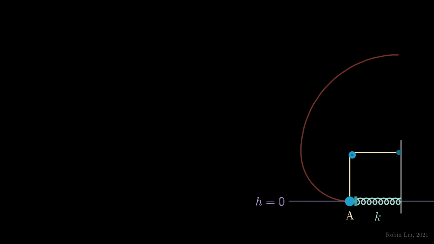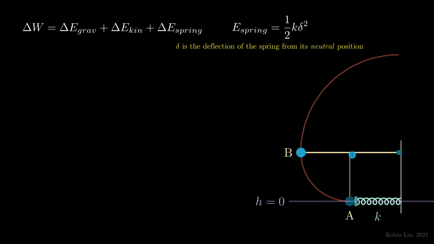The first part of the question is asking for the spring constant which causes the velocity at B to be 0. We can solve this using energy methods, but we need to modify our energy equation to include spring energy. Springs store potential energy by being compressed or stretched away from their neutral position. The energy stored is 1/2 k delta squared, where delta is the deflection of the spring.